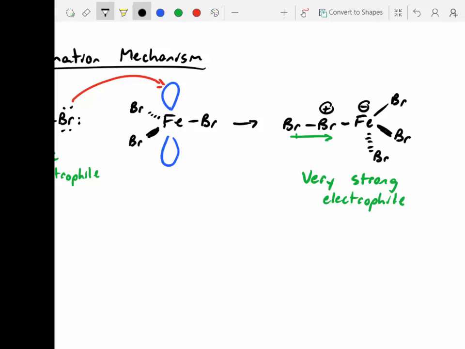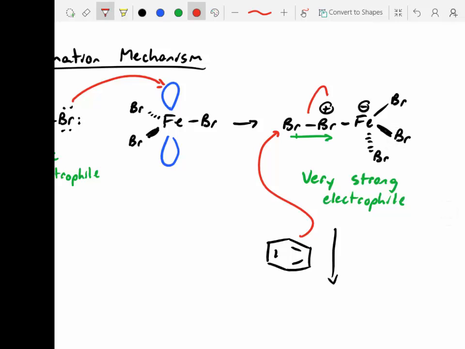So now if we take some sort of benzene or benzene derivative, I'm just going to draw it in right here. This can actually reach up, attack that super polarized bromine, and then pop these electrons over to the bromine with the positive charge.